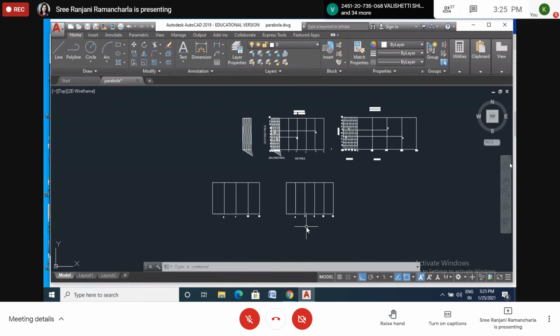Kilometers, hectometers, decameters. 1 kilometer equals how many hectometers? 1 kilometer equals 10 hectometers. 1 hectometer equals how many decameters? 10 decameters.